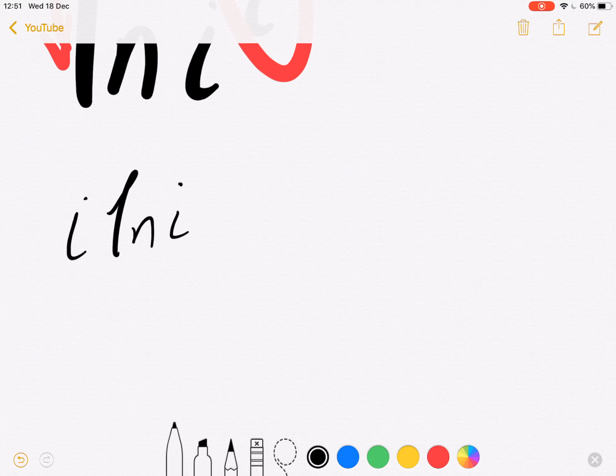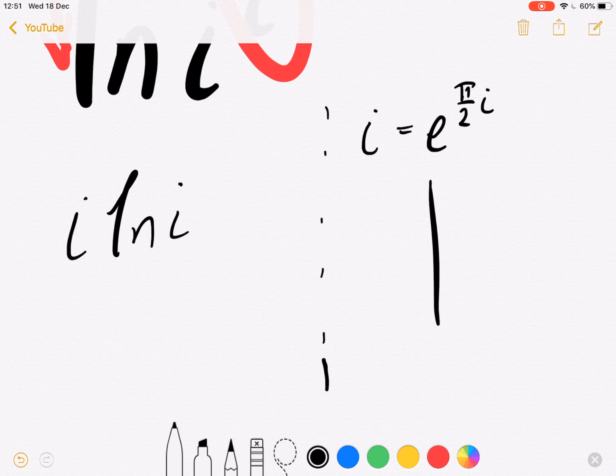Now what we can do is we just make a dotted line here, we can represent i using Euler's formula as e to the pi over 2 i. And if we draw that on a complex plane, it can easily be seen.